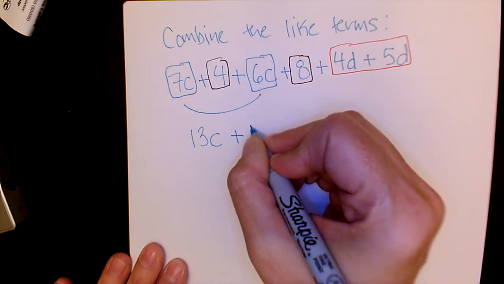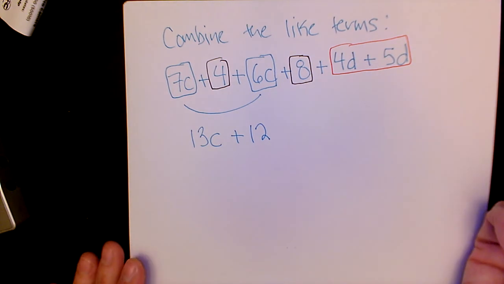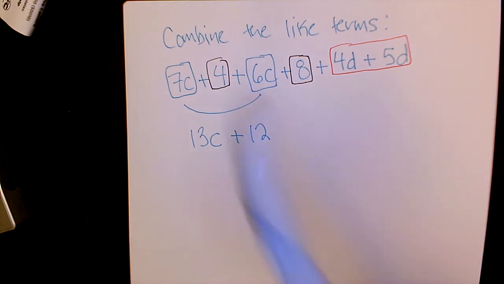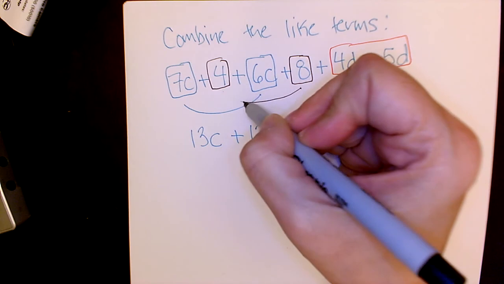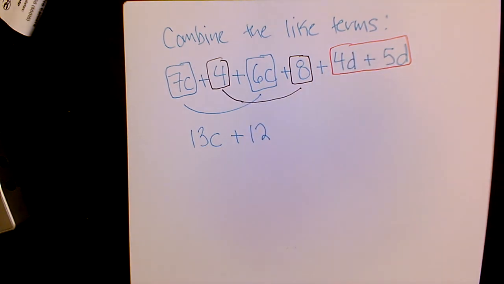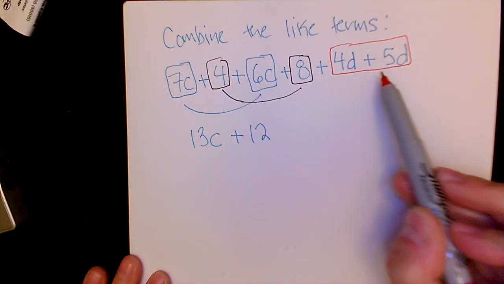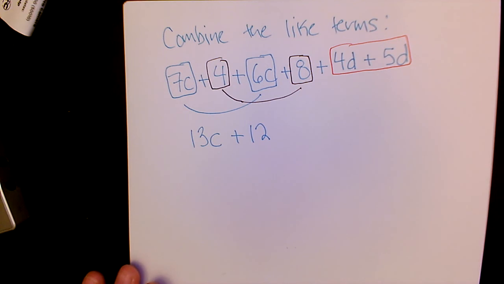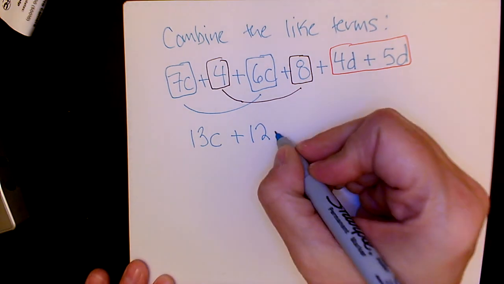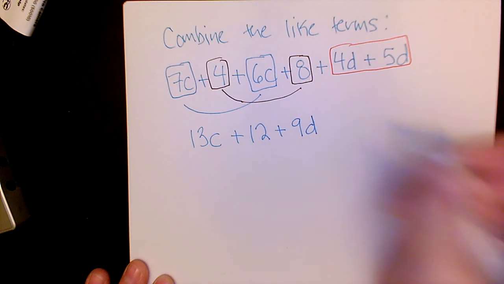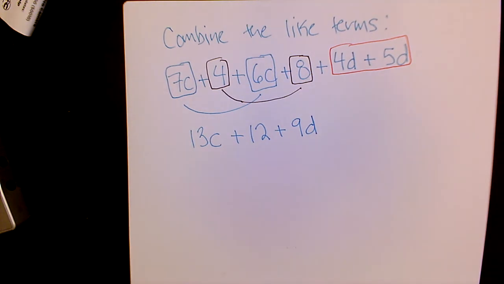What's 4 and 8? 12. Then I've got 4D and 5D. What's 4 and 5? 9. So that's 9D. And it doesn't need to be in this order. You can do the numbers first, or the D's first, or I did the C's first. You can write it in any order. Just make sure you put your like terms together.